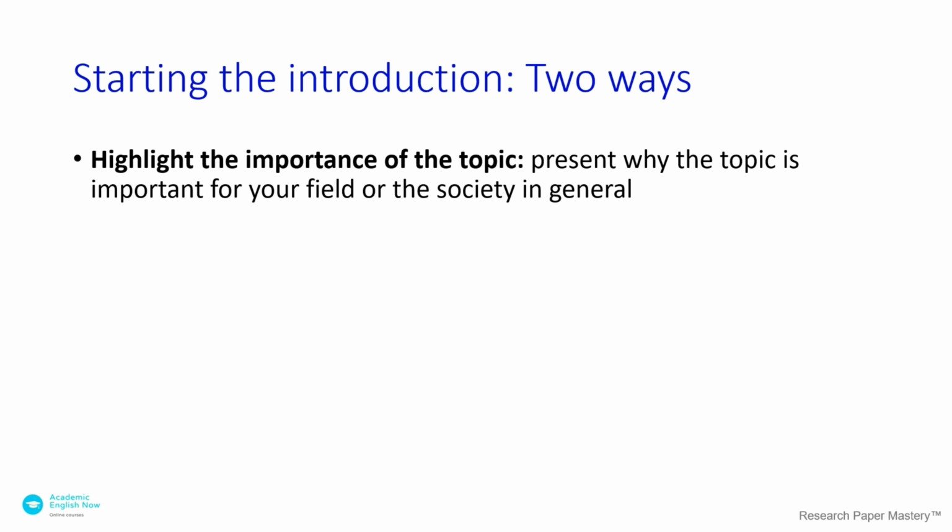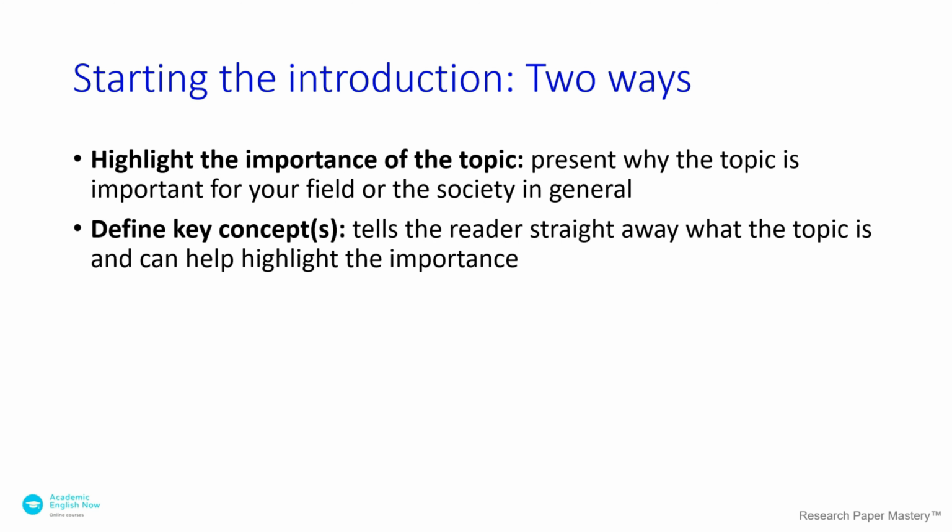Now, a second way that in some fields some researchers use is to define the key concept or concepts, right? So basically, this is good because it tells the reader straight away what the topic is. And such a definition can also help highlight the importance depending on how you state the definition. So imagine your paper was about Alzheimer's disease, right?